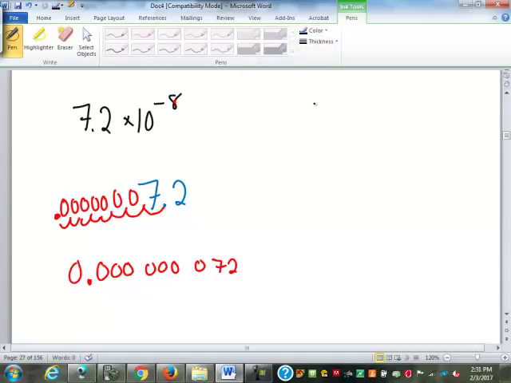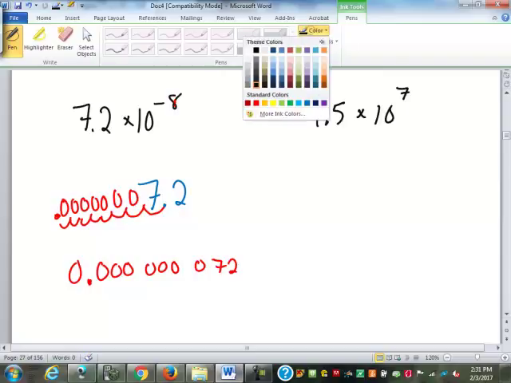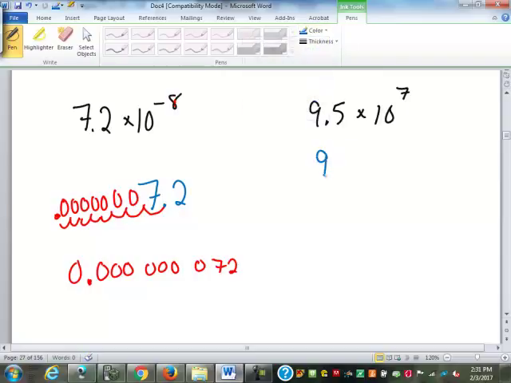Or if we have 9.5 times 10 to the 7th, I take my 9.5. This is a positive power of 10, which tells me this number has to get larger. So I move it 7 spots, making the number larger. So I go 1, got to add a 0, 2, 3, 4, 5, 6, 7.